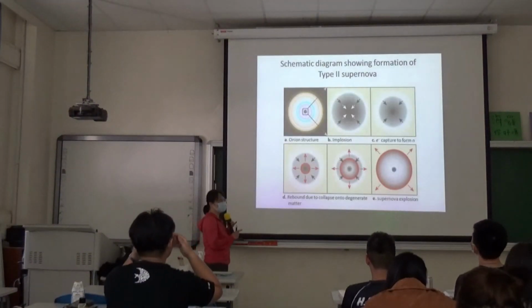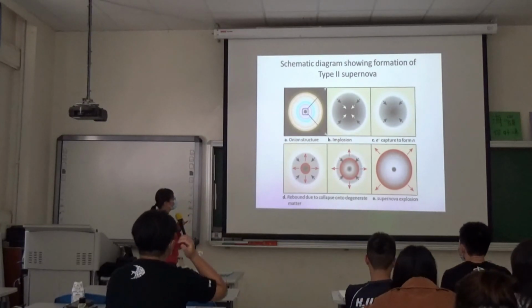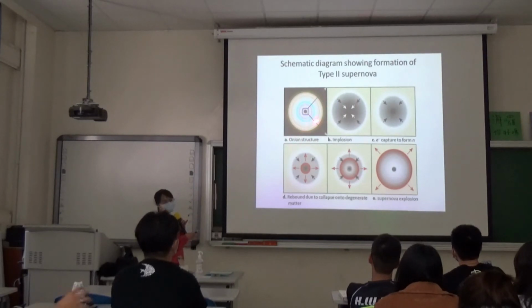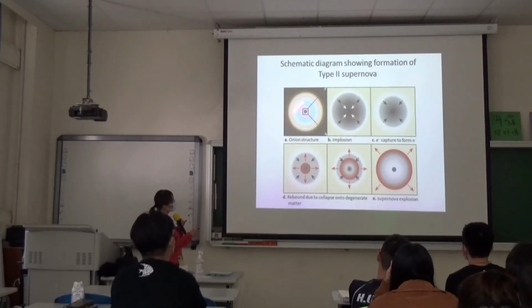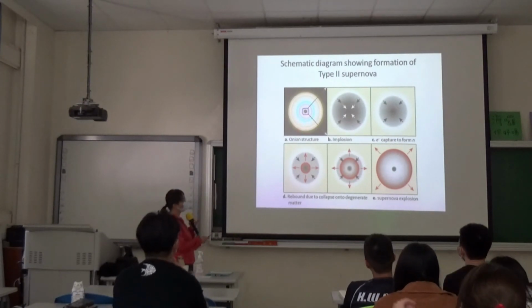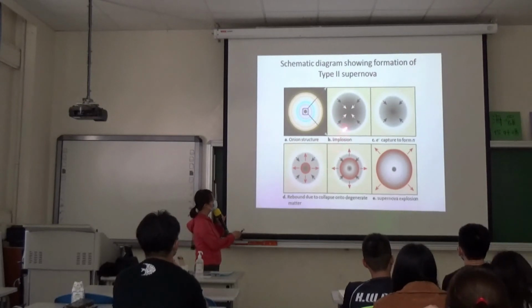Alright, this is a graphical demonstration of how this works. At the beginning there's an onion-like structure for massive stars. And at the end of this slide, because all the fuel is used up, it will implode.